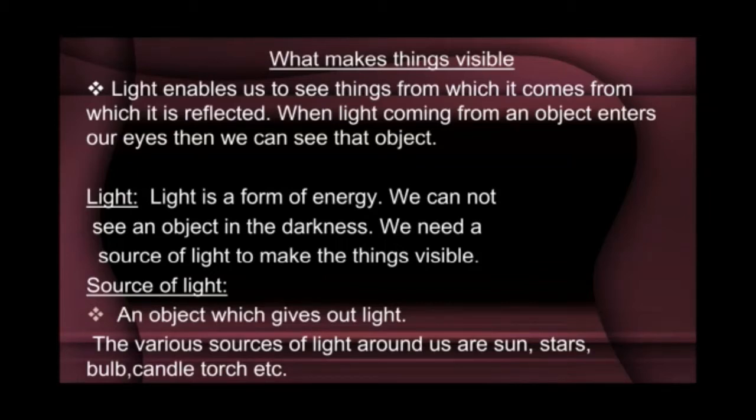In the absence of light, you can't see anything. Light enables us to see things from which it comes, from which it is reflected. When light coming from an object enters our eyes, then we can see that object.